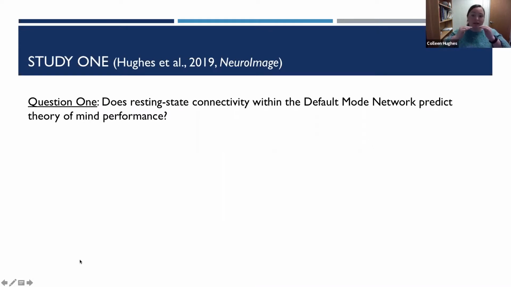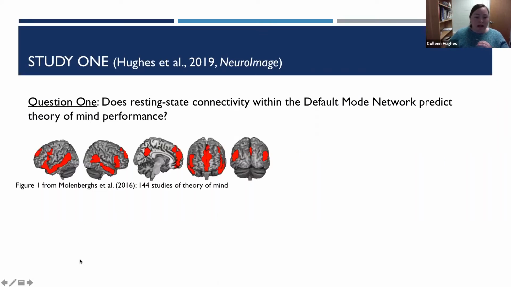So potentially it's what's happening at baseline rather than how older adults actively engage in tasks that's underlying performance deficits in older adults. And we focused on the default mode network because the neural correlates of theory of mind, which I'm showing you here, show extensive overlap with the default mode network. So there have been meta-analytic studies confirming the convergence of these locations, so defining our nodes.